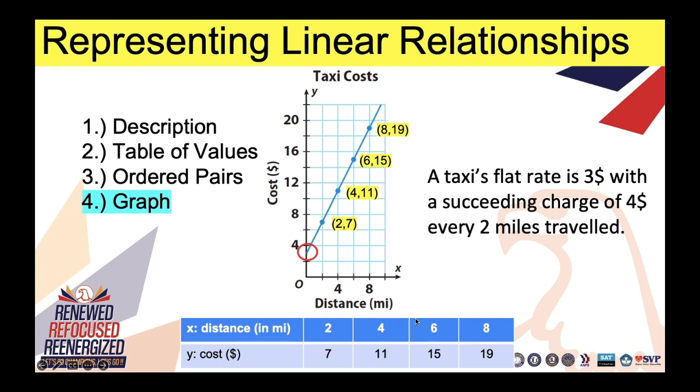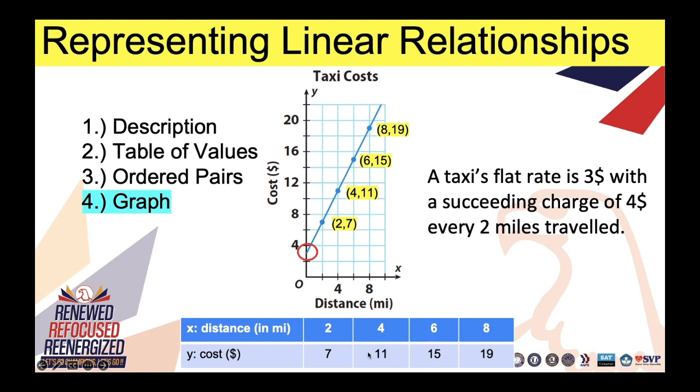That's also one importance of knowing the intervals in the x and the y. In the x, every change of 2 miles results in a change in the y, which is $4.